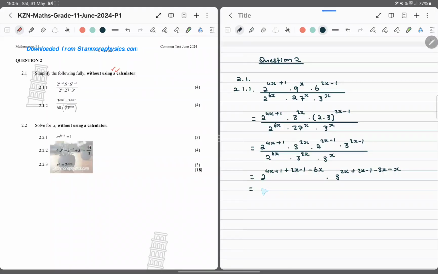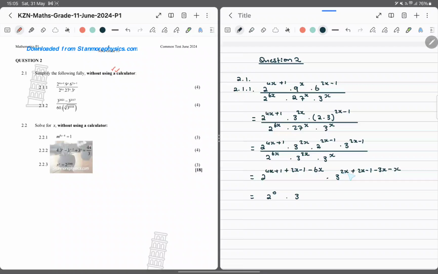Good. So, okay, it's going to be a bit ugly. So this is going to be 2. Now 4 plus 2, that's 6, right? 6 minus 6 is gone. 1 minus 1 is gone. This is 2 to the 0 times 3. This is 4.